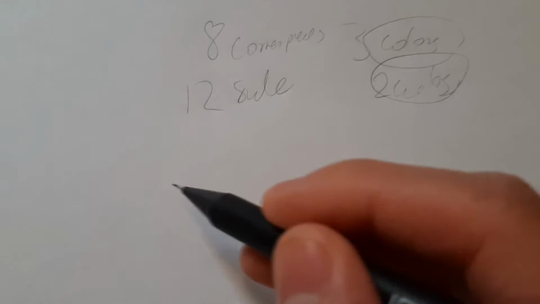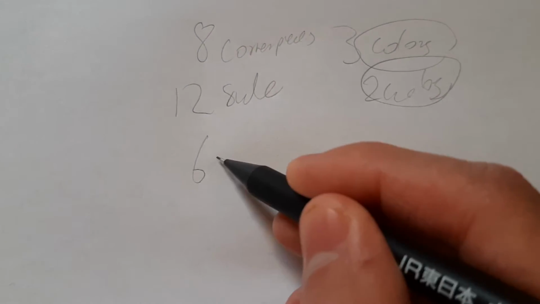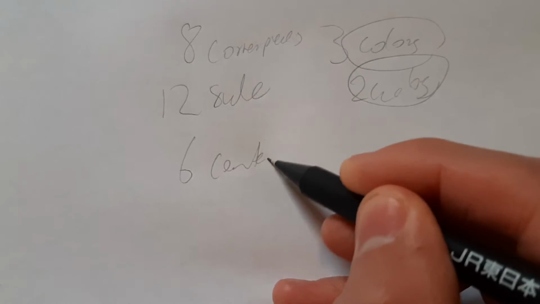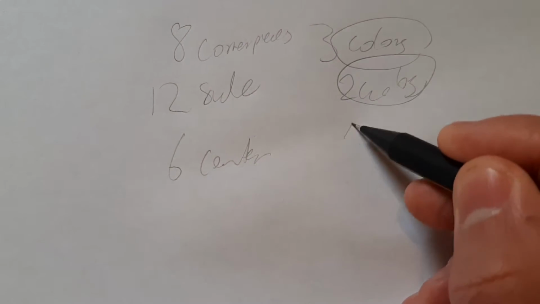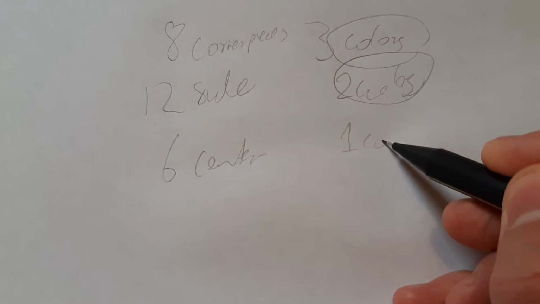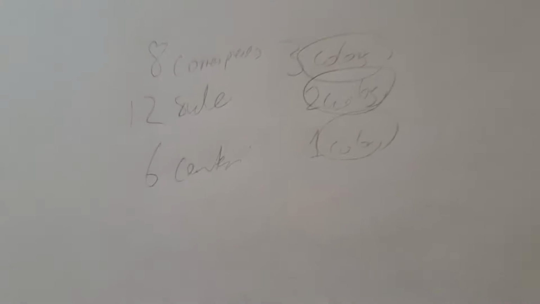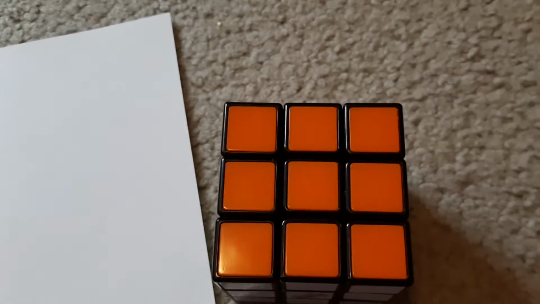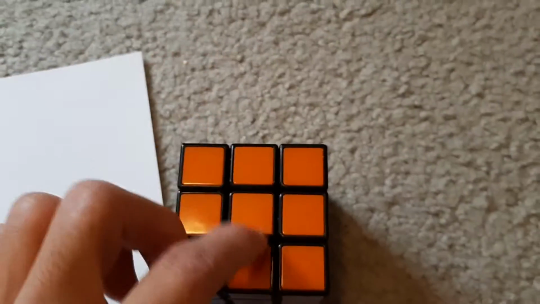And then there's 6 center pieces, the ones that don't change, and they each have 1 color. So we know that there's 8 corner pieces, 12 side pieces, and 6 center pieces.